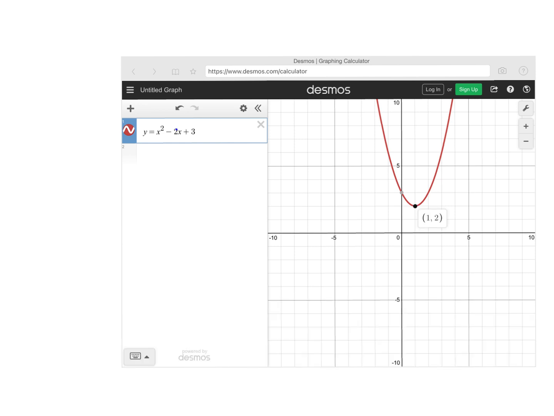First of all, our vertex, which is 1, 2. The y-intercept, you can see on the graph, is up 1, 2, 3, so it would be 0, 3.